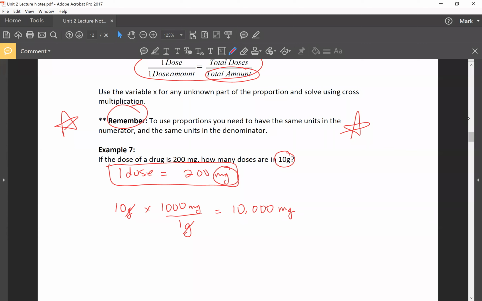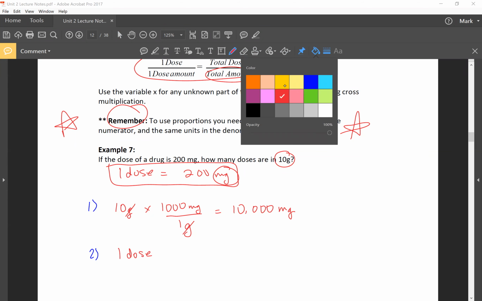Okay, almost done. Now I know that 1 dose, so this would be part 1, this would be part 2. So 1 dose is equivalent to 200 milligrams.